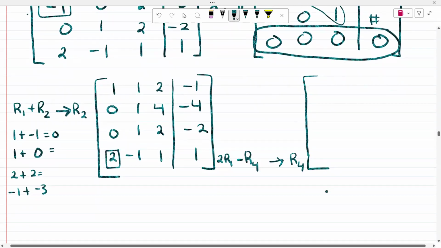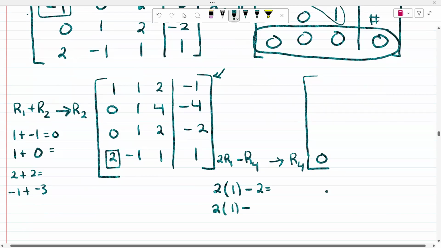Okay, so it's 2, and then we always look at the previous matrix. Do not start with your original. So your previous matrix is this one. So could you tell me the first number in row 1? Yes, it's 1. Minus, what's my first number in row 4? Yes, that's 2. 2 minus 2 is 0. Keep on going. So it's 2. What's my second number in row 1? 1.